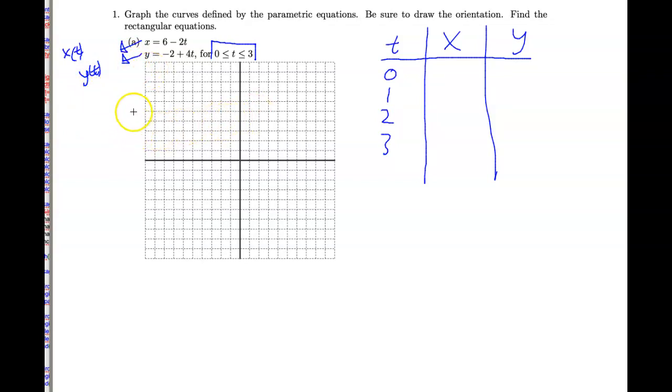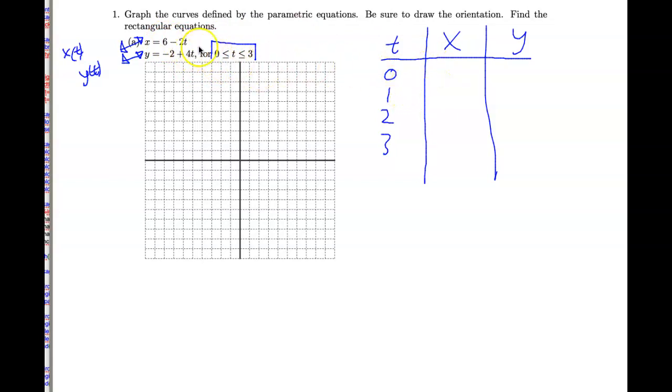And so we often just abbreviate x of t with x and y of t with y. So what we're going to do is plug in numbers for t to find x, and plug in the numbers of t to find y.